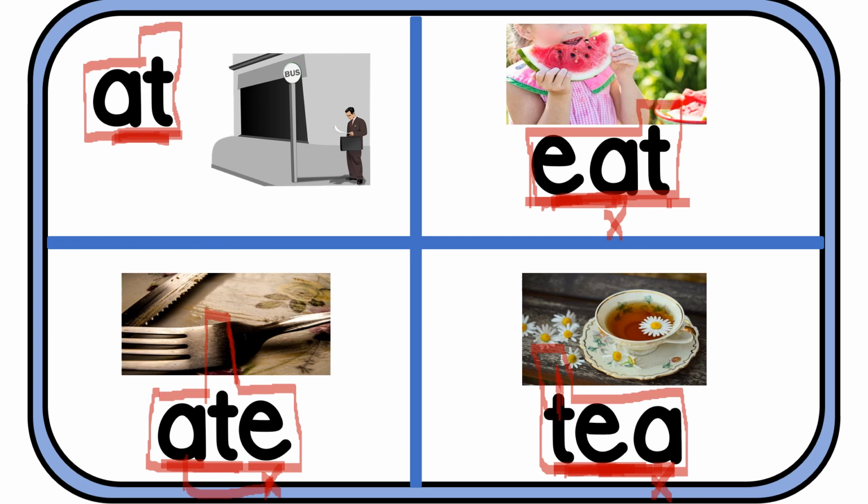That's a handbag. For at, we can see a shape that resembles a backward L also, but it's much shorter. So this can help you to recognize the words very easily.